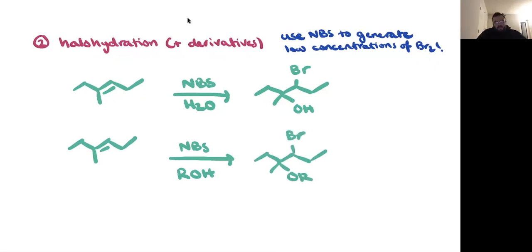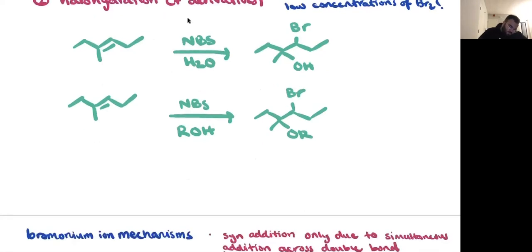Well, exact same mechanism. You just have to deprotonate that one hydrogen that is there, similar to how you would with water earlier. You can also add in some sort of a different halide by means of a halide salt. So let's say I wanted to add in chloride.